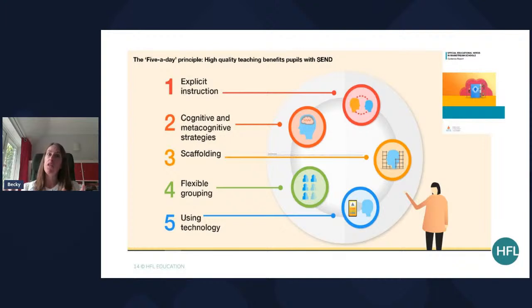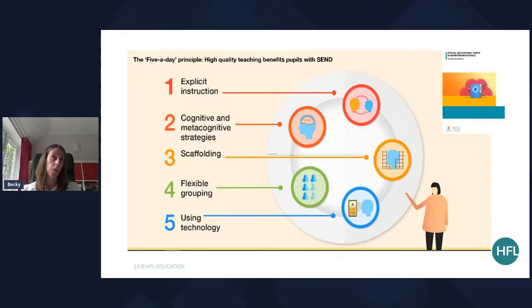So with explicit instruction within the EEF, it talks a lot about small steps and planning for that. And that comes within Rosenshine's presenting new material in small steps. So there is overlap. So whatever approach you use, think about how we're supporting teachers to embed that in the classroom.